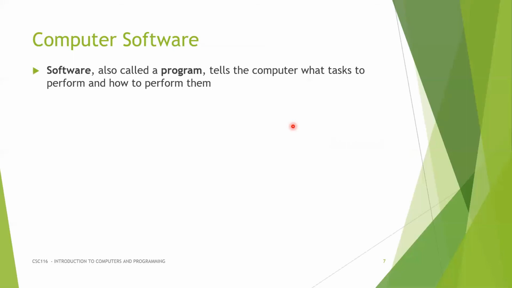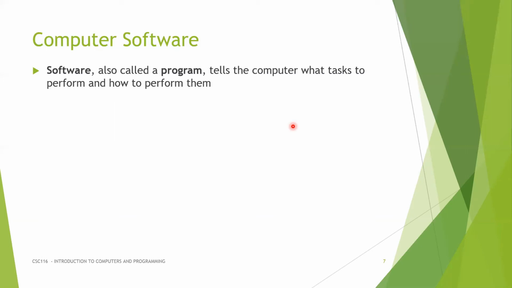Okay, computer software macam saya sebut tadi, software also known as a program, tell the computer what tasks to perform and how to perform them. Kalau you dah ada perfect hardware tapi you tak ada software, tak guna juga. Sebab apa? Kalau ada perfect hardware pun, tak ada software, contohnya tak ada Windows, macam mana kita nak bagi tahu dekat CPU suruh open the computer?